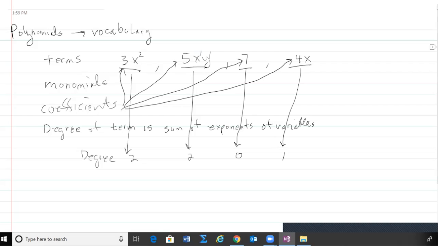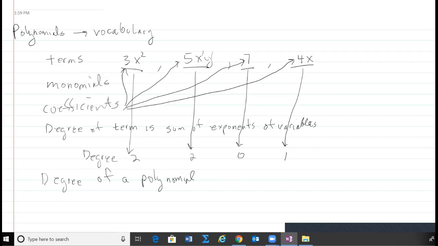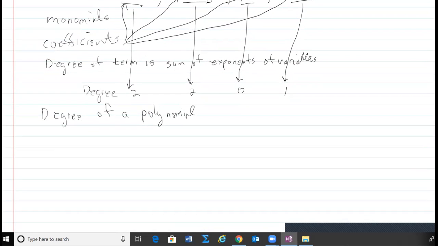Okay, so now we also have the concept of the degree of a polynomial in general. Because polynomials come in different sizes, you might have a polynomial with more than one term.